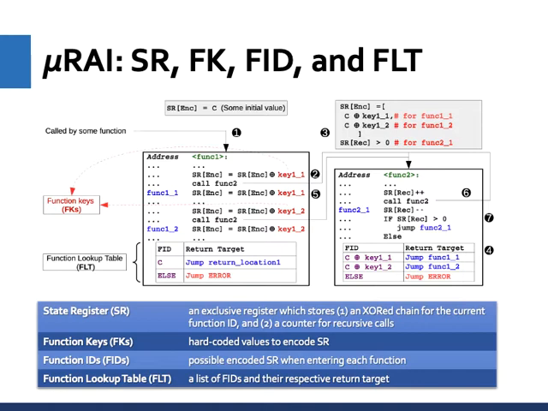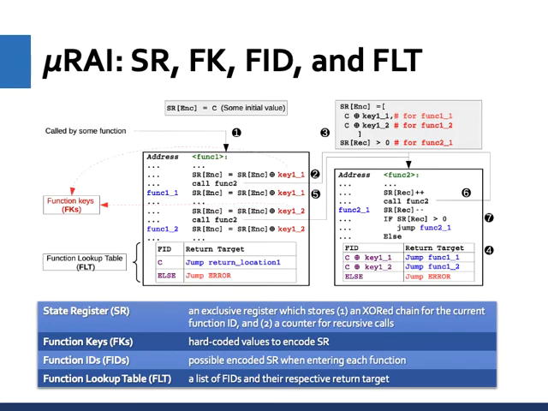They have different keys here and here. So when we enter function 2 from different locations, it has different chain values. The possible chain values for a function are also the FIDs, function IDs, for that function.